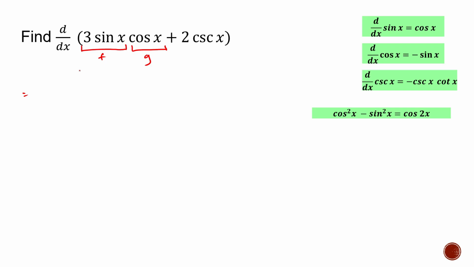So f prime is just 3 cosine x times cosine x plus 3 sine x times the derivative of cosine x, which is negative sine x.